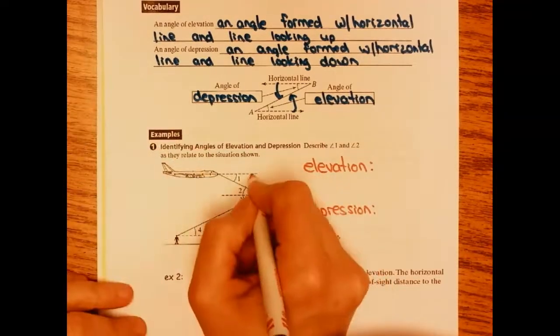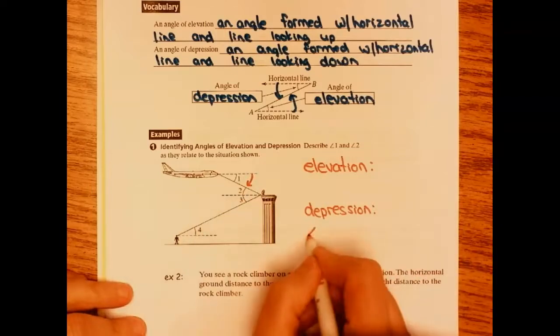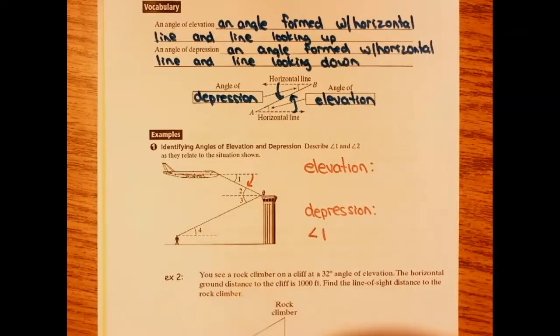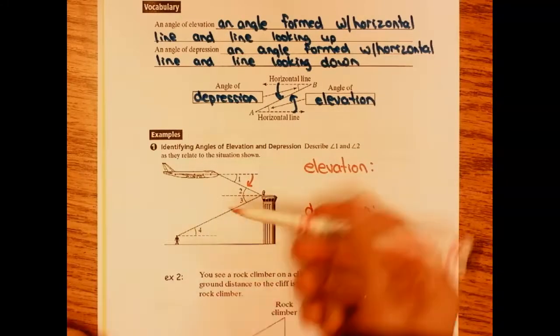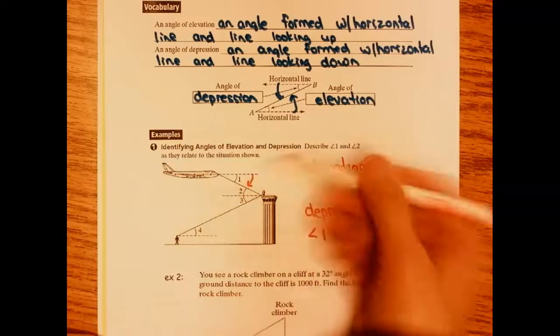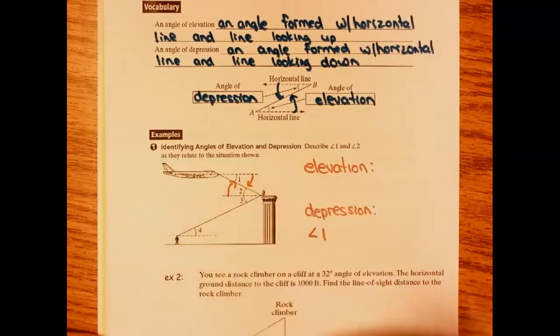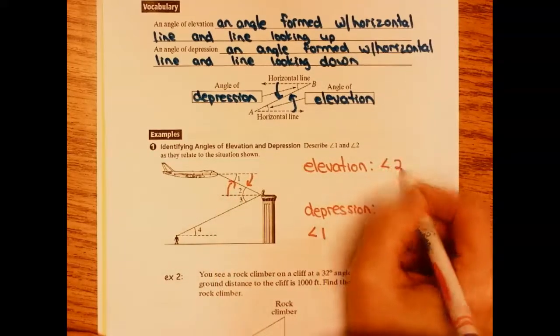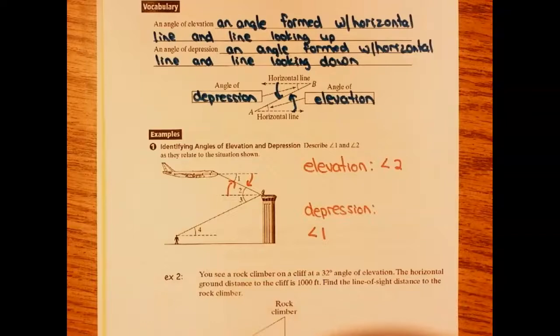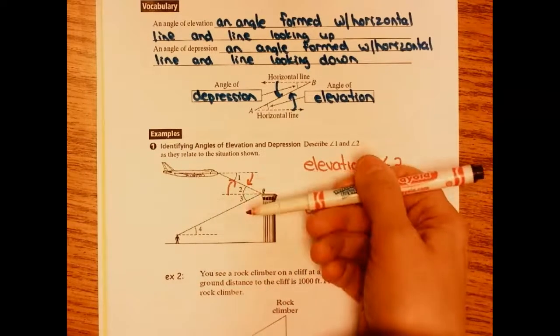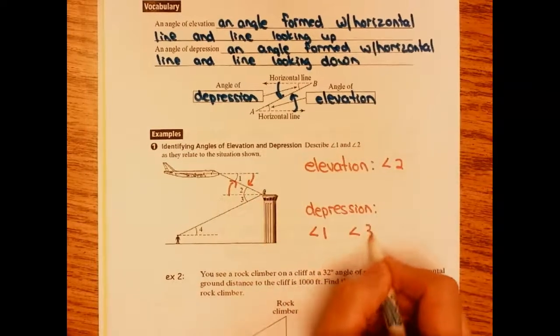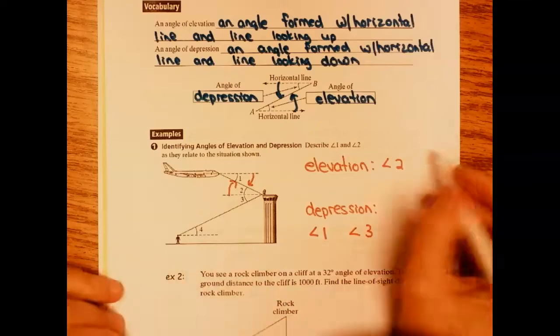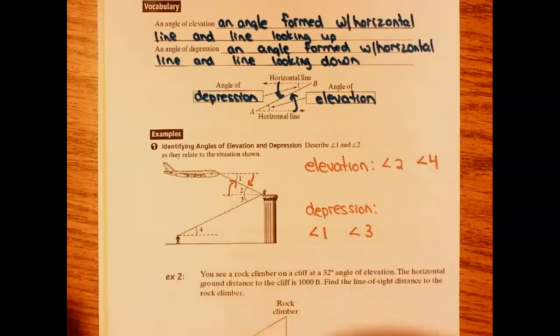So in this particular case, angle 1 is an angle of depression. If you look at angle 2, you're looking out and then you're looking up at the plane. That's an angle of elevation. Angle 3, you're looking out and looking down, so that's angle of depression. And 4, you're looking out and you're looking up, so that is elevation as well.